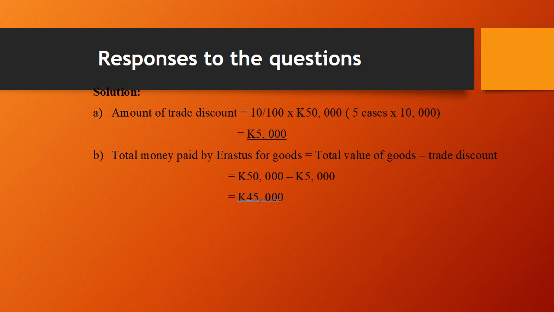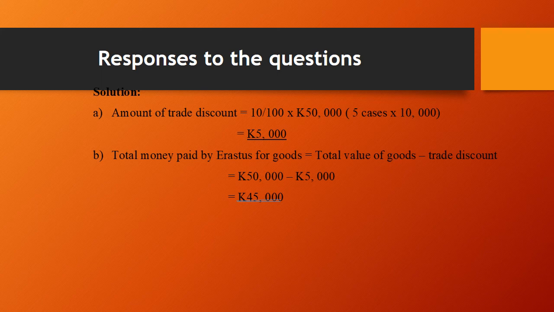In this case, we are being told that he collected 5 cases of sugar and each was going at 10,000 kwacha, meaning that if you multiply these items by the price per case, they will give us 50,000 kwacha.